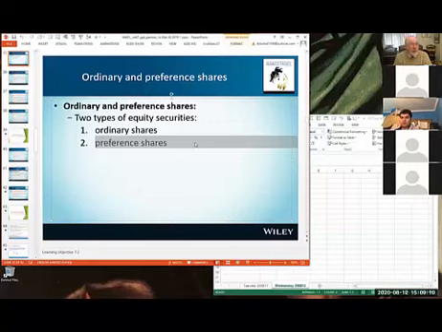Another variant in the way that preference shares are written is in terms of whether or not they go forever. Often preference shares will have a limited life expectancy, so they might only operate for, let's say, 5 years or 10 years. The company might think, yes, for a particular bit of expansion, we're willing to issue some preference shares. We don't really want them there forever. We will offer them for a period of 10 years, and after that the company will undertake to buy them back, usually at some sort of predetermined price.